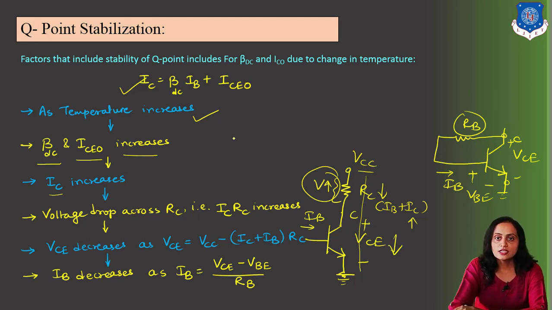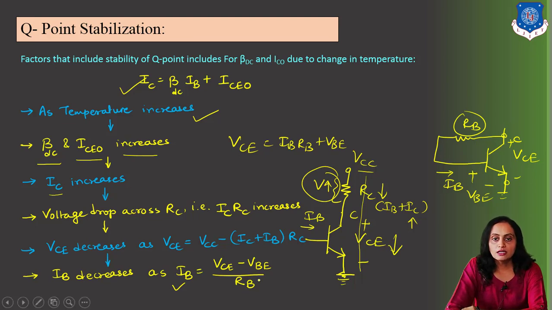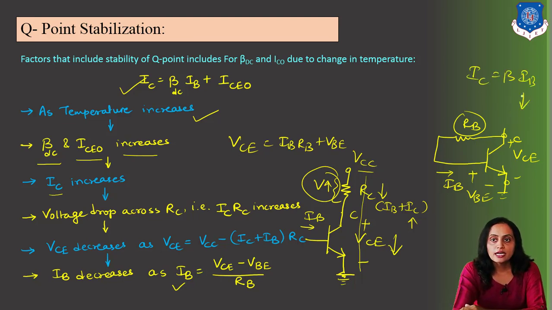So VCE is equal to IB RB plus VBE, and from this equation IB is equal to (VCE minus VBE) divided by RB. So from that we can say as VCE decreases, IB decreases, and as IB is decreasing, we have one more equation, that IC is equal to beta IB.